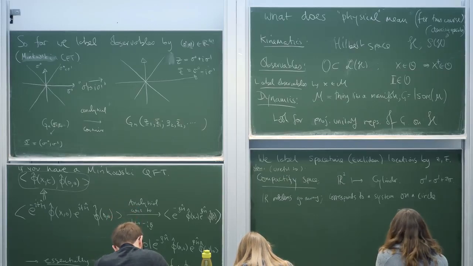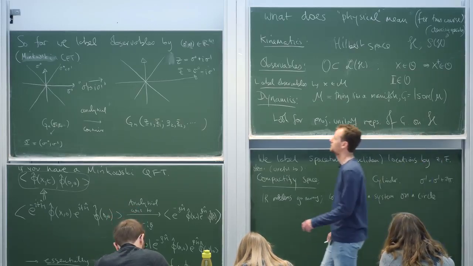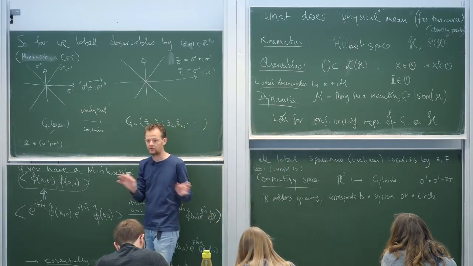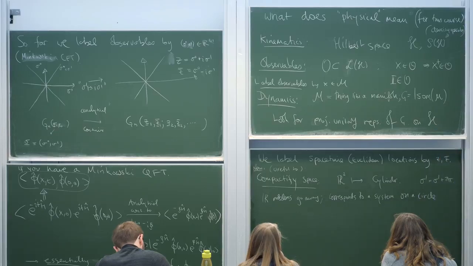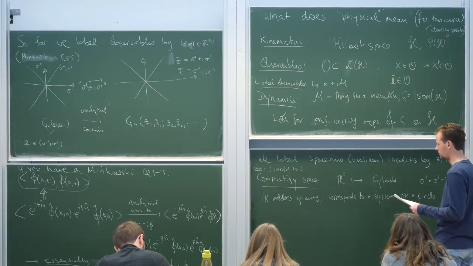So previously we had our conformal field theory on Euclidean space. Now we have our conformal field theory on a cylinder. And at the same time, it's convenient to define new coordinates.